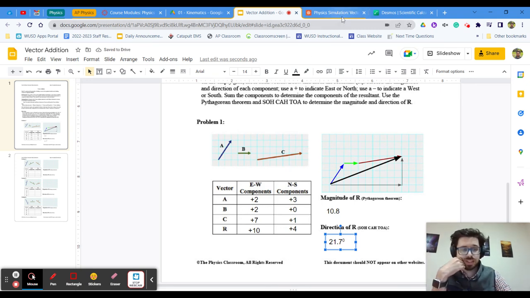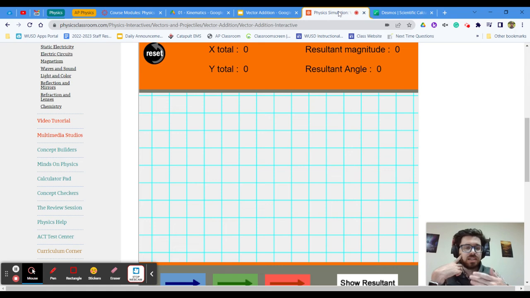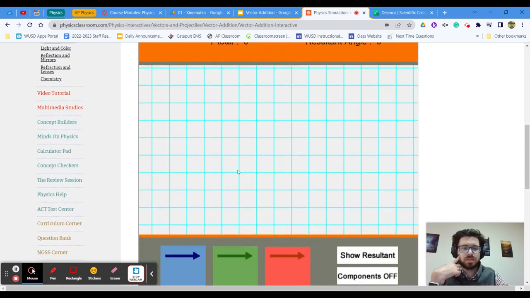Now, what's really nice, you'll notice that I never used the simulation, and you don't really need to use the interactive, but the interactive is nice because it does the math for you. So for example, I'm just going to make some samples. Let's say that this is A. And let's say I want to go 3 up here.